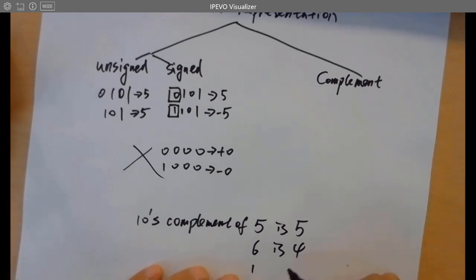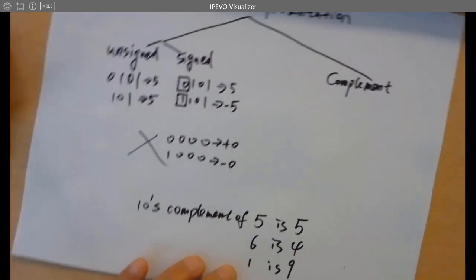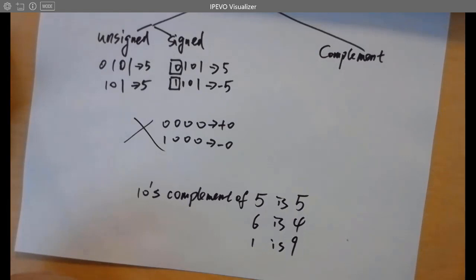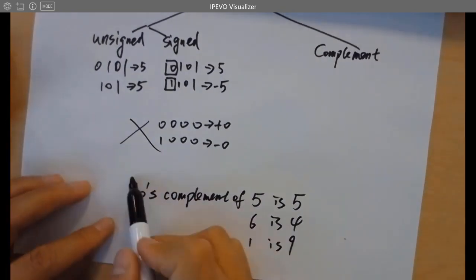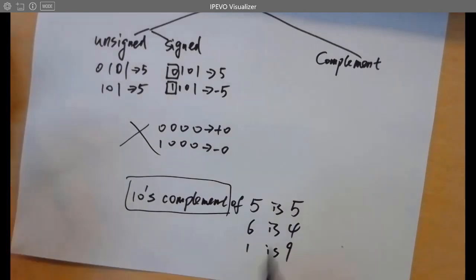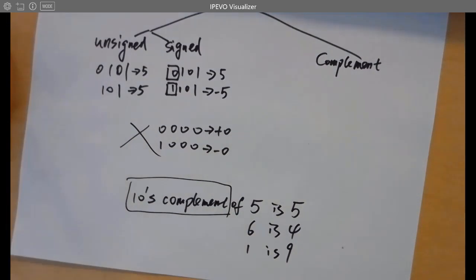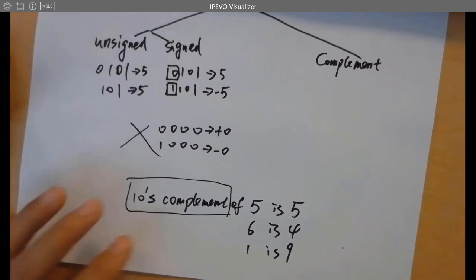The 10's complement of 1 is 9. That's just a concept, okay? When people say 10's complement, that's a name. It's not saying the complement to 10 itself, it's just a name.